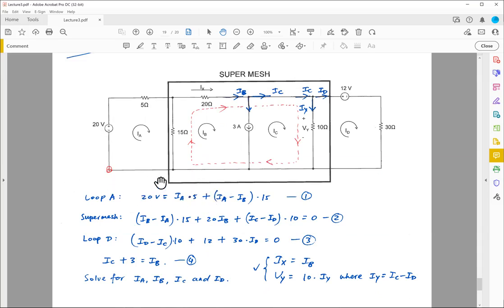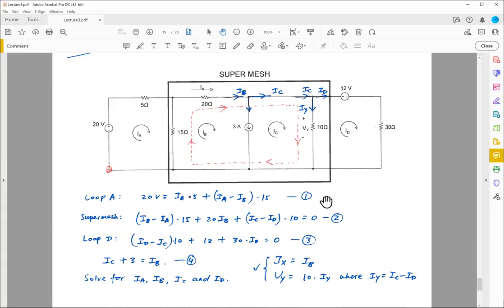I move -20 to the other side of the equal sign, so I have 20 volts, which is equal to IA times 5, first term, plus IA minus IB times 15. This one here is easy, because we know how to do this already. We just need to find the net current flow, which is IA minus IB, assuming IA is more dominant. Net current flow downward through this 15 ohm resistor, times 15, I times R. This is my first equation.